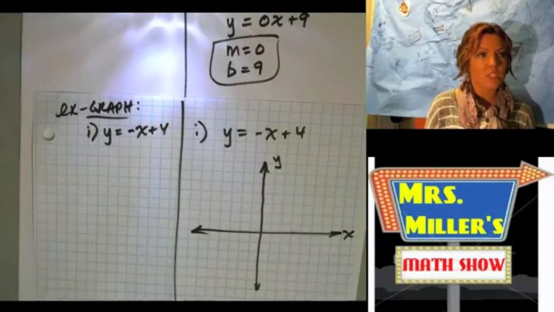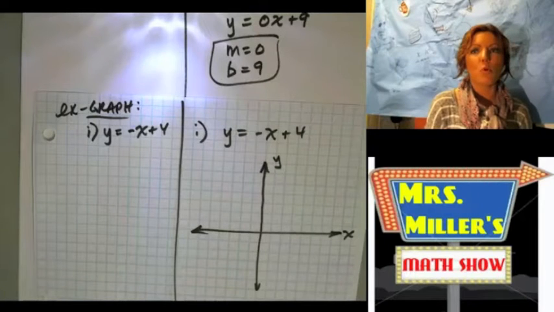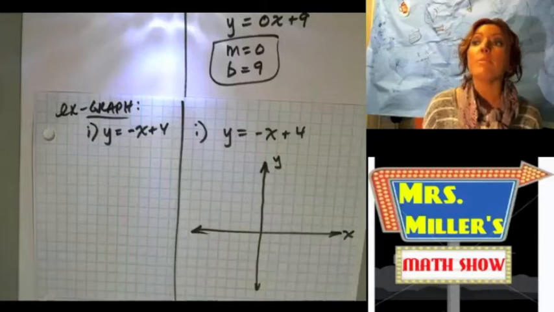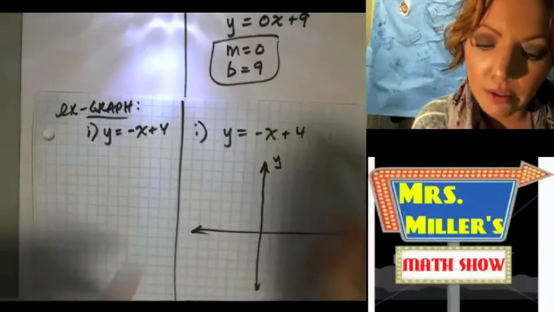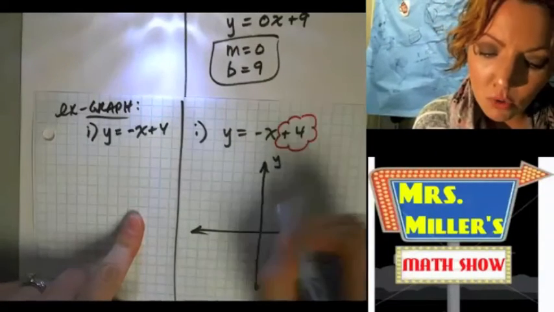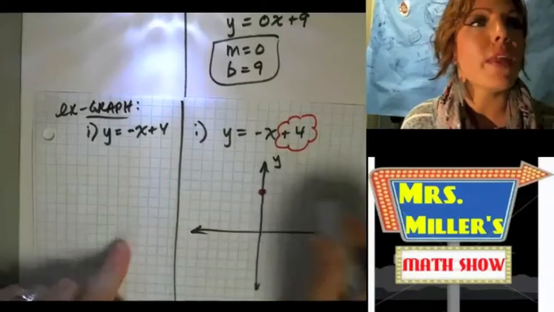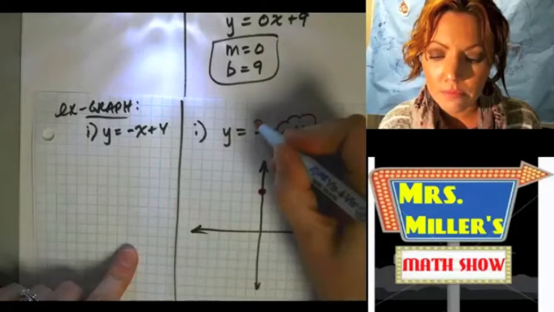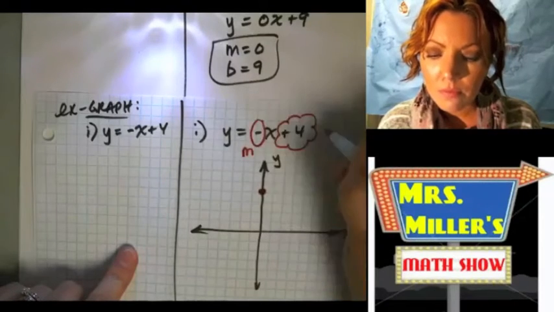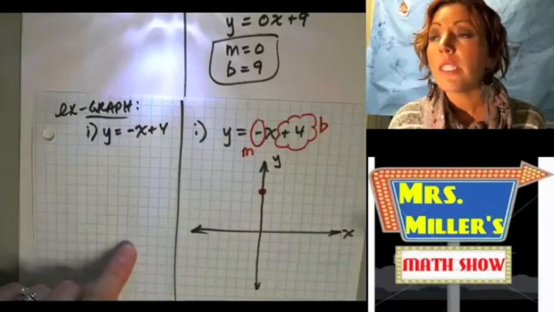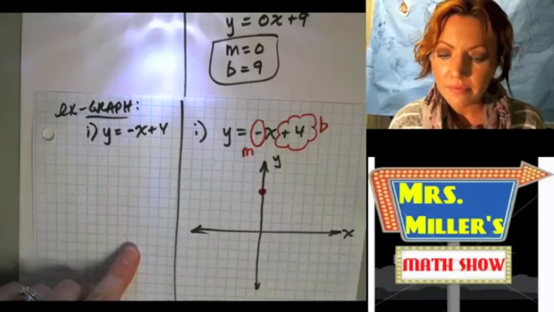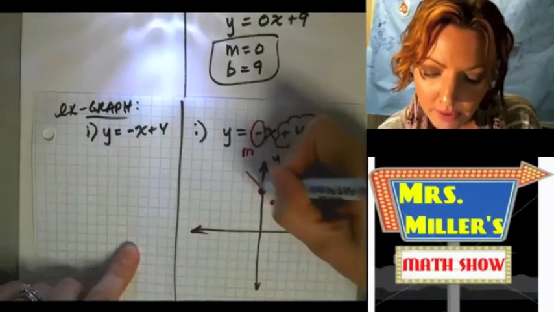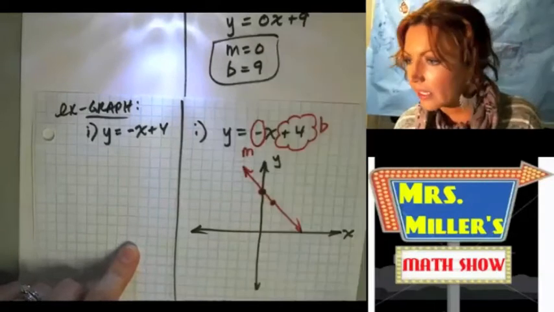What would be the first step? What would be the first point that I would graph? Taylor? 4, good. So we go up to positive 4: 1, 2, 3, 4. And then from there, what do we do next? We have a slope here. Taylor? Good, down 1, right 1, if our slope is negative 1. And that's it. Connect the dots.